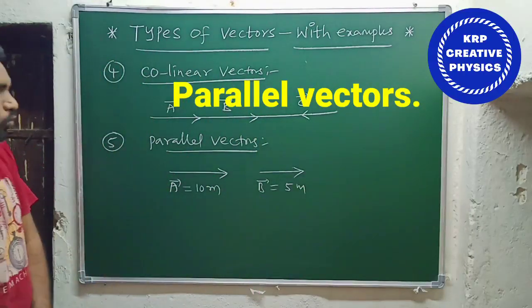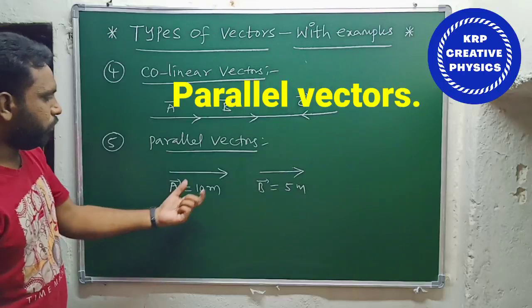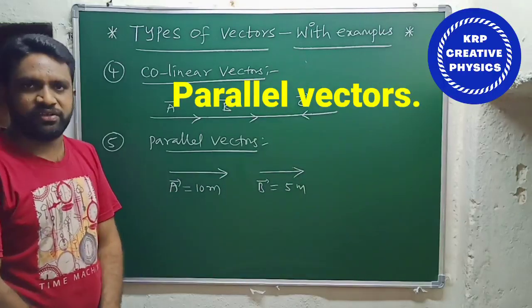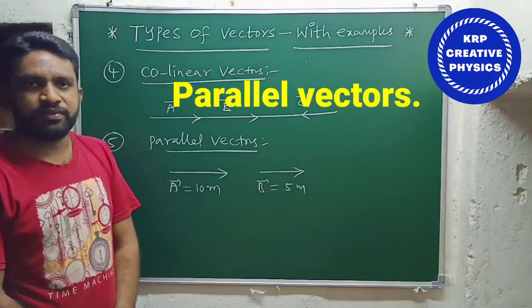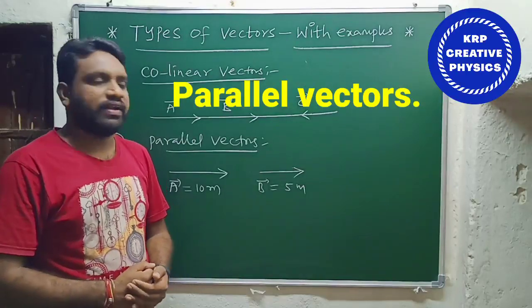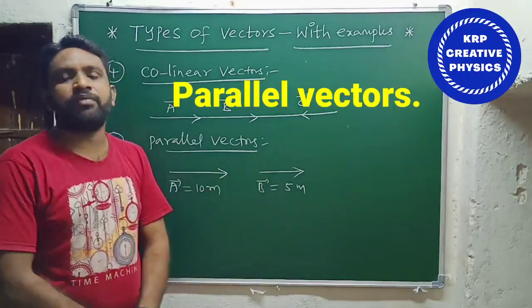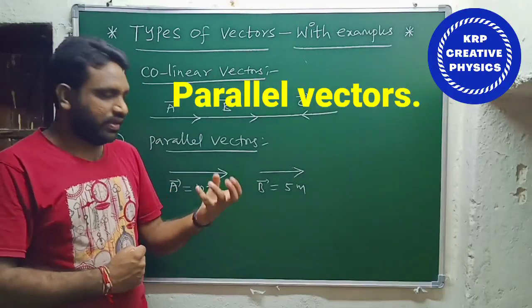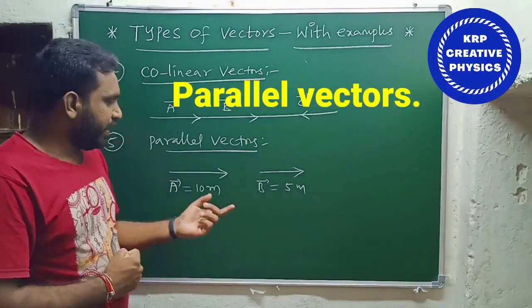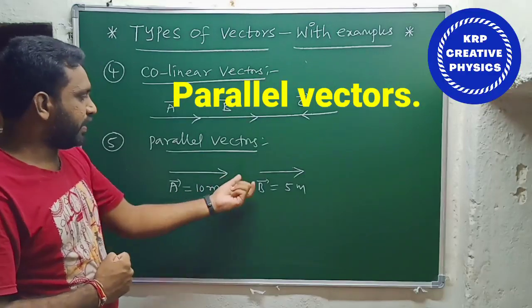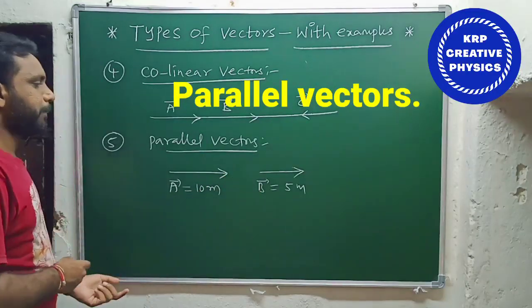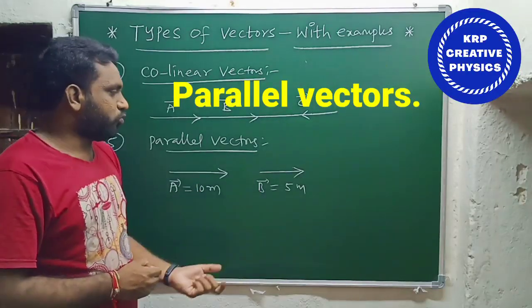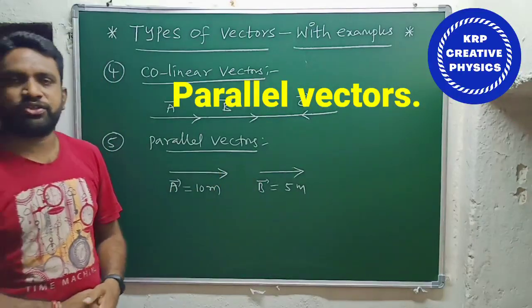Just try to observe the two vectors here. Both the vectors have the same direction. If two vectors lie in the same line and have the same direction, and we consider the magnitude, one vector should be a scalar multiple of the other. What does it mean here?